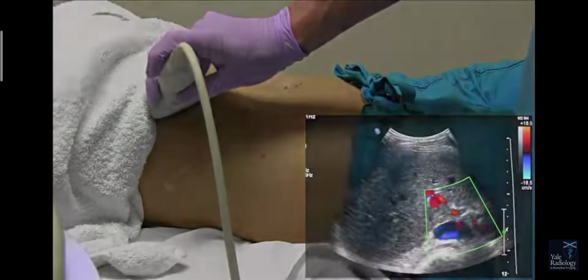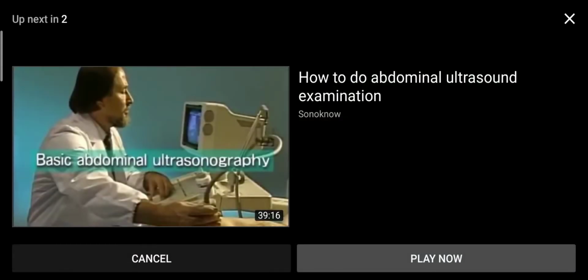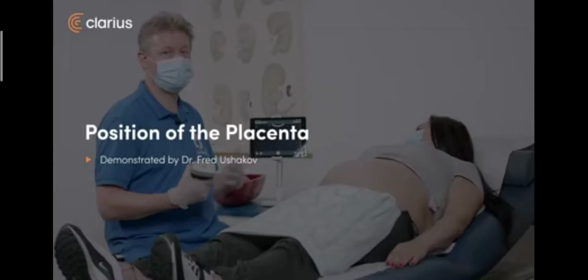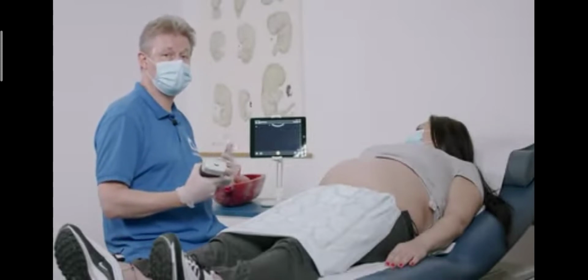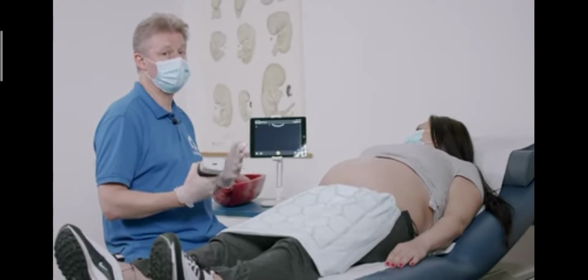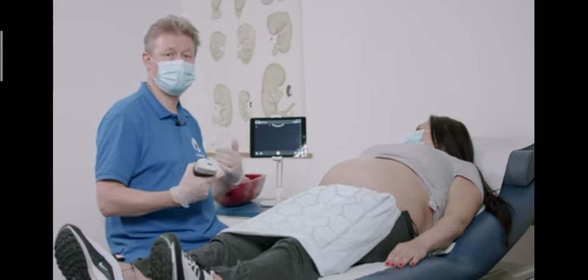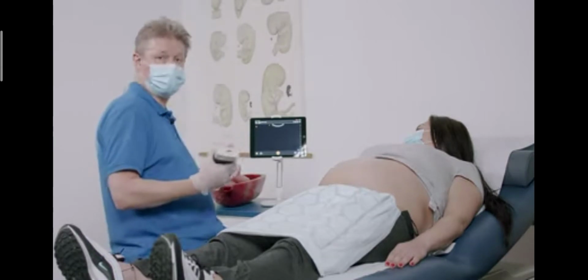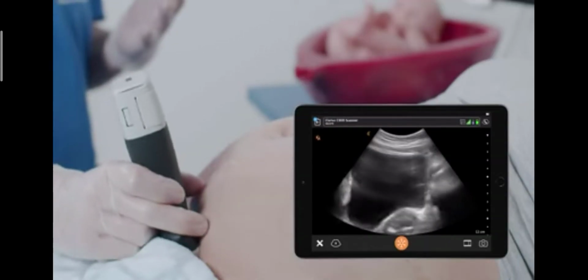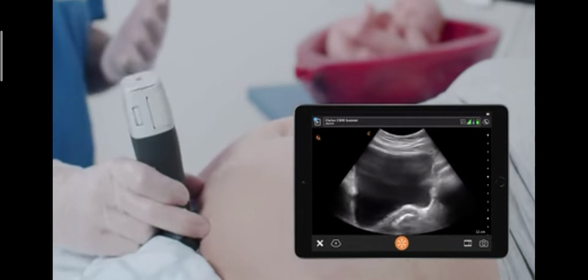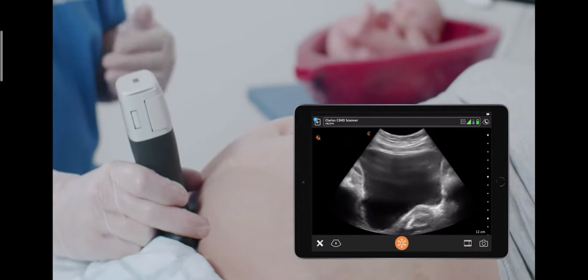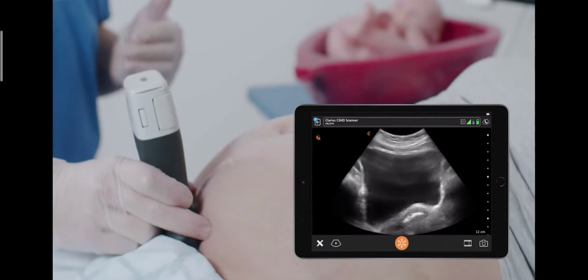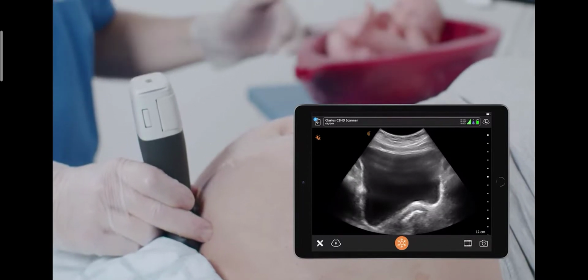An important clinical factor that we need to check during ultrasound in order to avoid serious complications is low-lying placenta or even placenta previa. So as I am looking first on the transverse view of the maternal abdomen, the structure that I can see here is the bladder. After I rotate my transducer 90 degrees to a sagittal view, on this sagittal view, I can see the maternal bladder and the vagina.